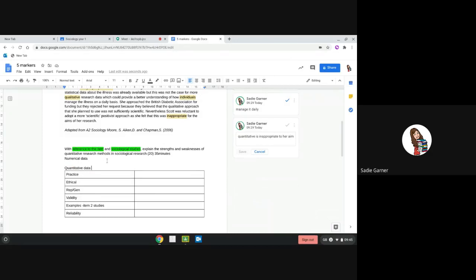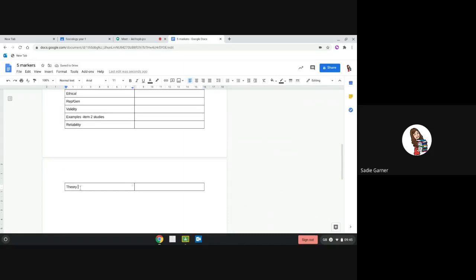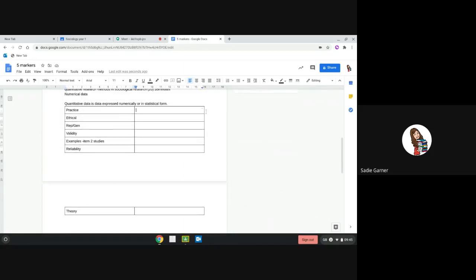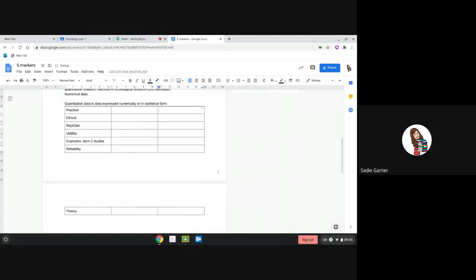So quantitative data is data expressed numerically or in statistical form. Then I think, while I'm there, what I would put there is theory. I need another box there. I need to do theory.